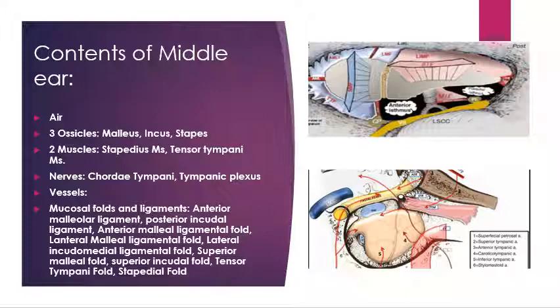Then you have the anterior malleolar ligament and fold, then the lateral malleolar fold, then the lateral incudal fold, then the superior incudal fold, then the posterior incudal fold, then the stapedial fold, then the tensor tympani fold. So these are the different folds that you can mention. If you have forgotten, you can at least mention mucosal folds and ligaments. This was asked this time as a short note in the final exam.